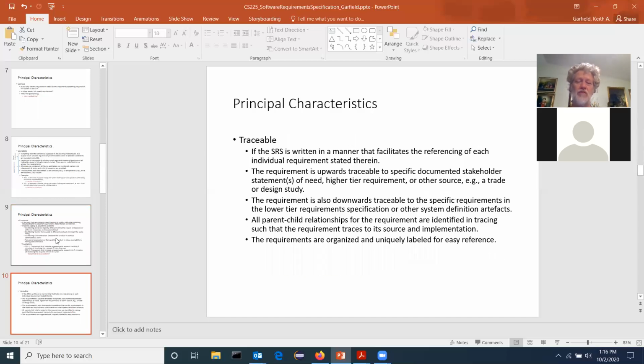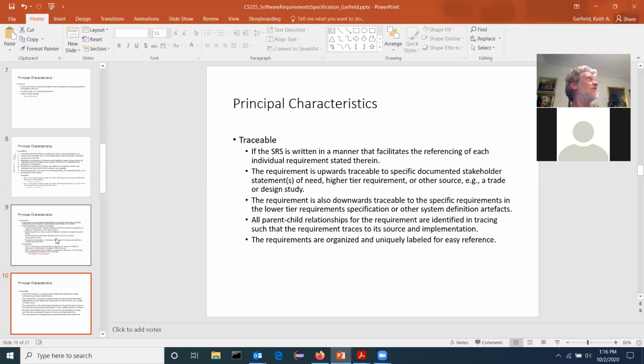Traceable, this is a big one. We don't focus on it too much here, but this is a big one. The idea again is you should only have a requirement if it was needed, if it is actually something that demonstrates that you're providing what the customer asked for. Now, you're your own customer here, which means your customer initially says, hey, we want some software that does this, that, and the other thing. And then you create a bunch of user stories for that.